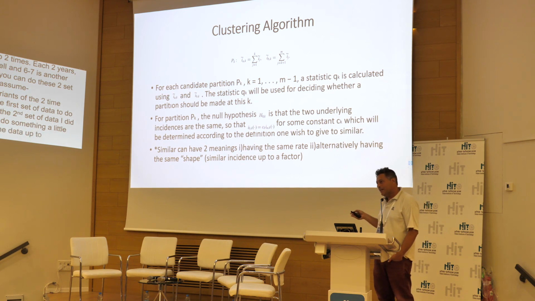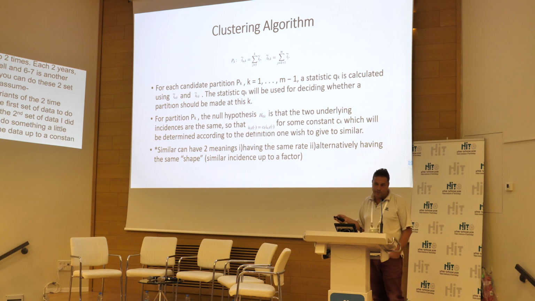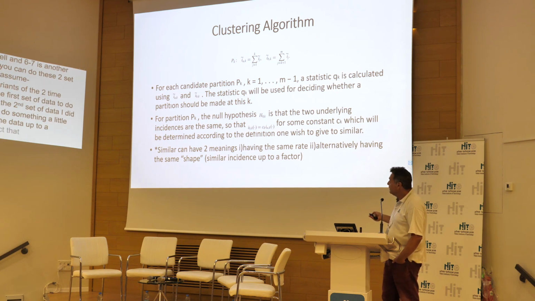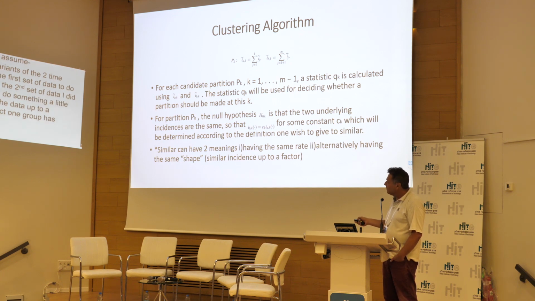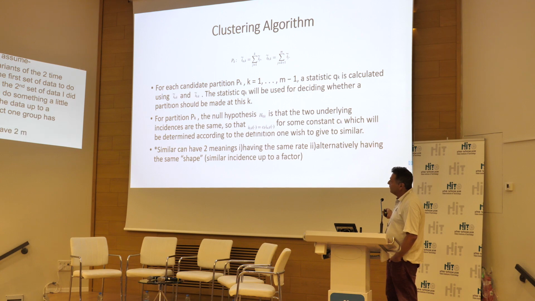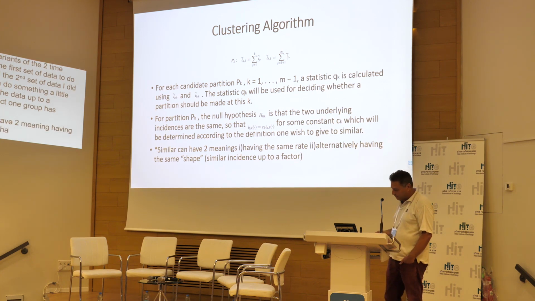So if we suspect that one age group has a different reporting rate for some reason, I can just multiply it by this constant, and I have to estimate it in a different way. And so when I say similar, again, I have two meanings, having the same rate, or what I said is the same shape, so it's up to this factor, okay?